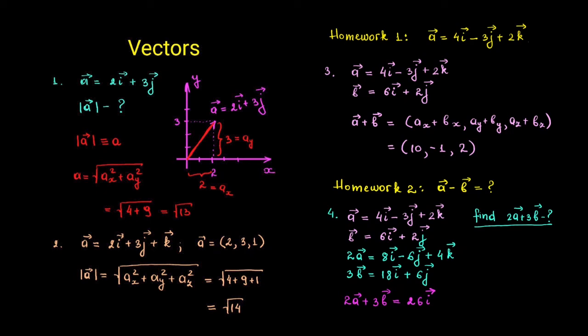So there is no y component, and plus 4k. Or we can also write it as 26, so it is x component, y component is equal to 0, and z component is equal to 4, right? So this is the final result.